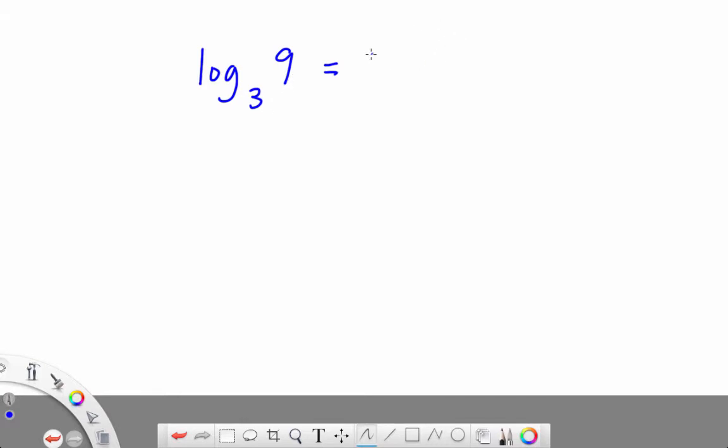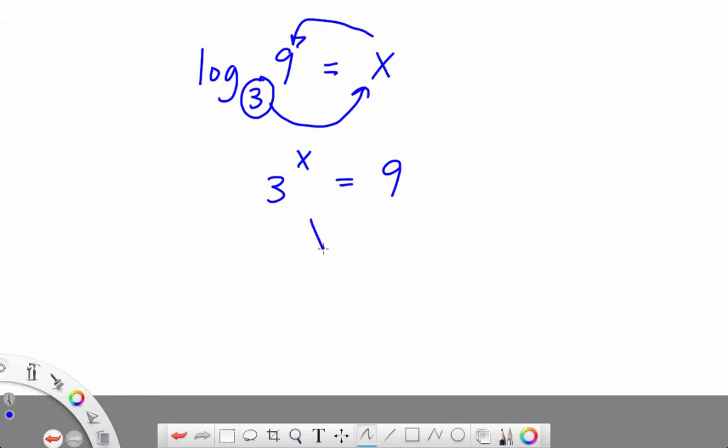So we can actually just put a variable here for now, and we can rewrite this equation. And please recall the order. Start at the base, go across the equal sign, 3 to the x equals 9. So with a little thought, we know that x equals 2, right? 3 squared equals 9.